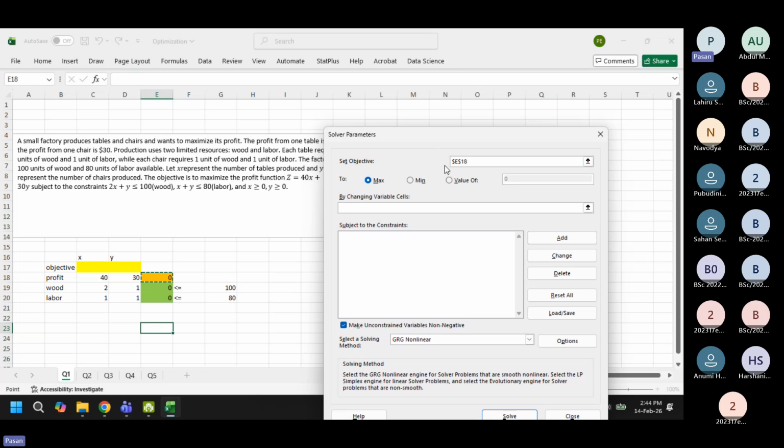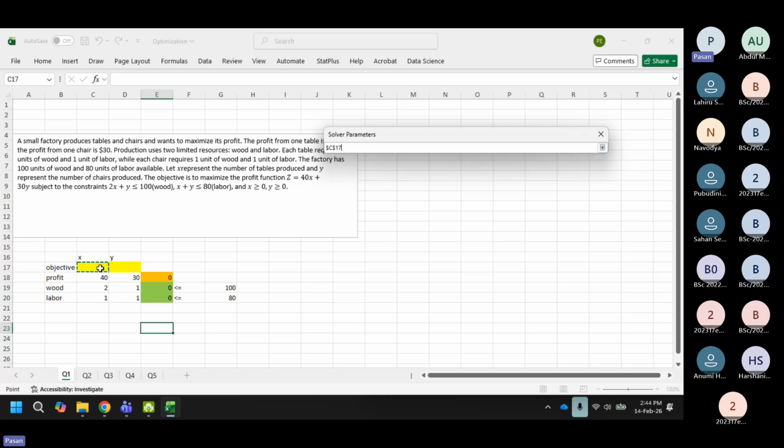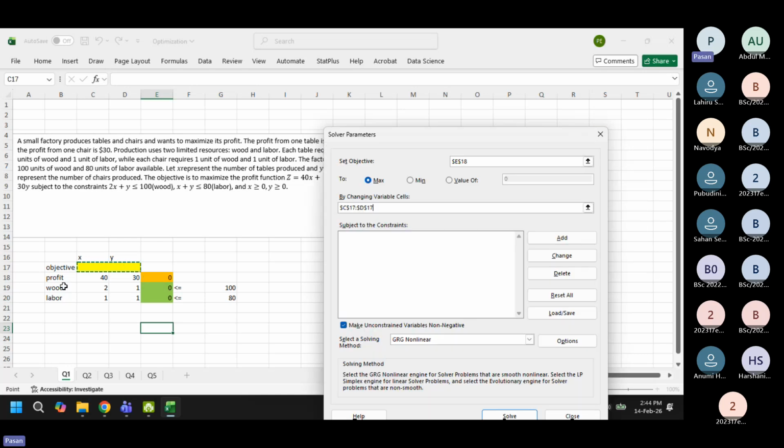So that is what we want to maximize. We have the different options, maximization and minimization, right? We are using maximization here. And then by changing the variable cells, that is, we are changing these two, right? So those are the variables that we have.